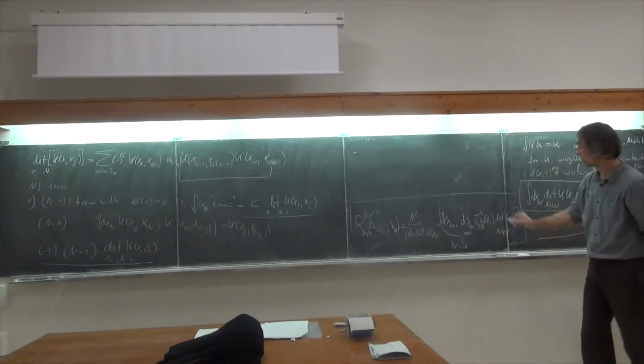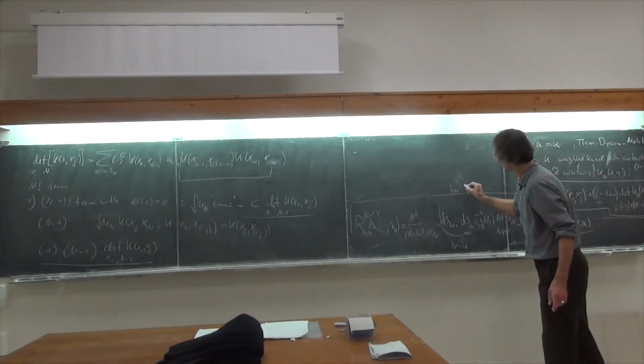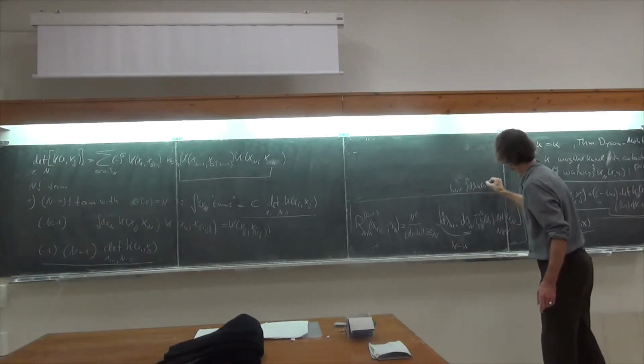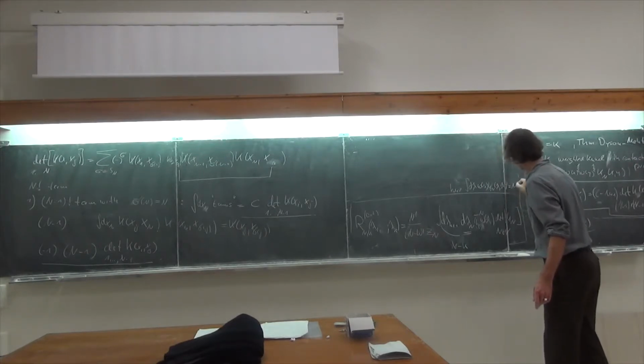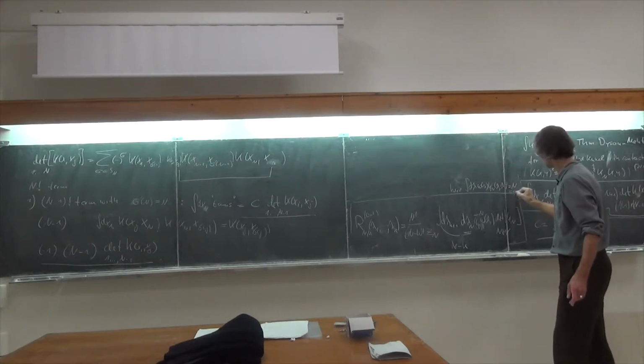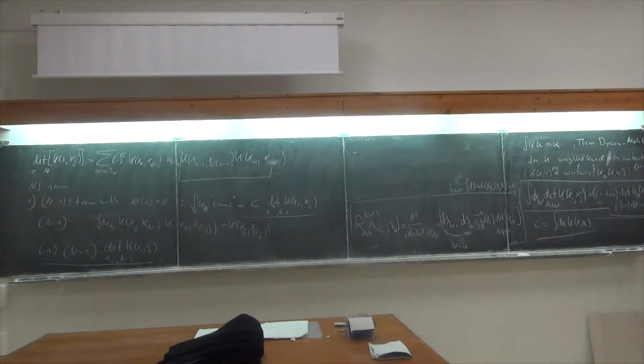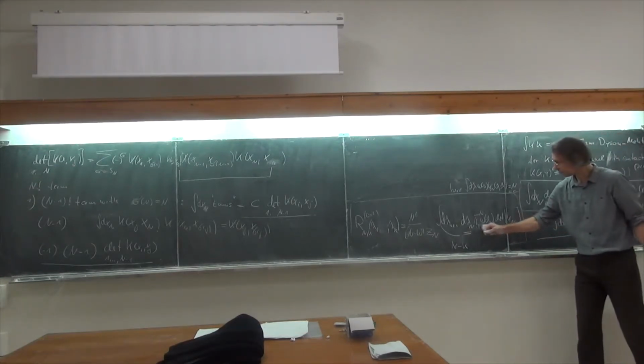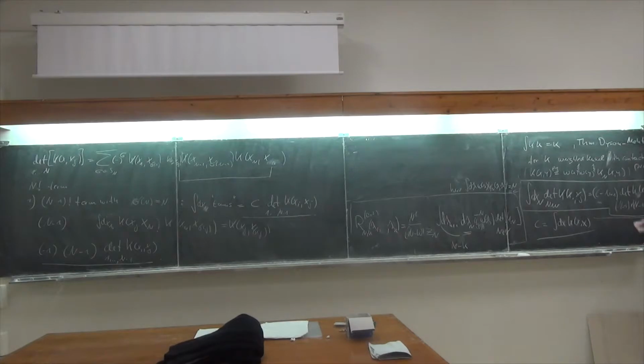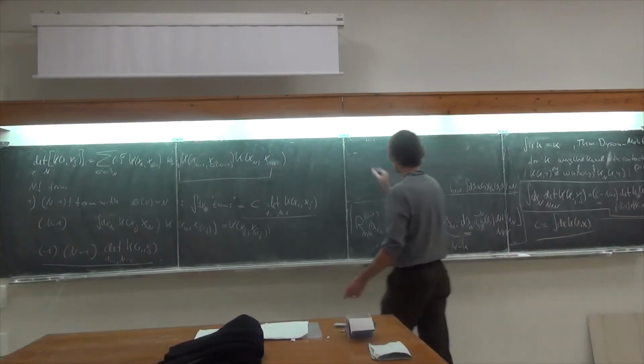In our case, here we have the integral over lambda of k_n of lambda, which is n. So this is our c. So for the first integration, we get a factor of c, which is n minus n plus 1. So we get a factor 1.